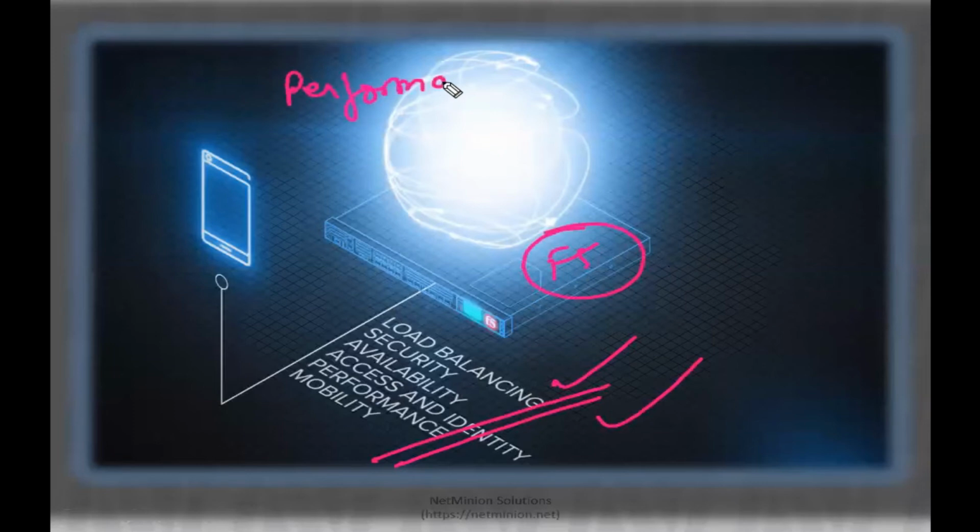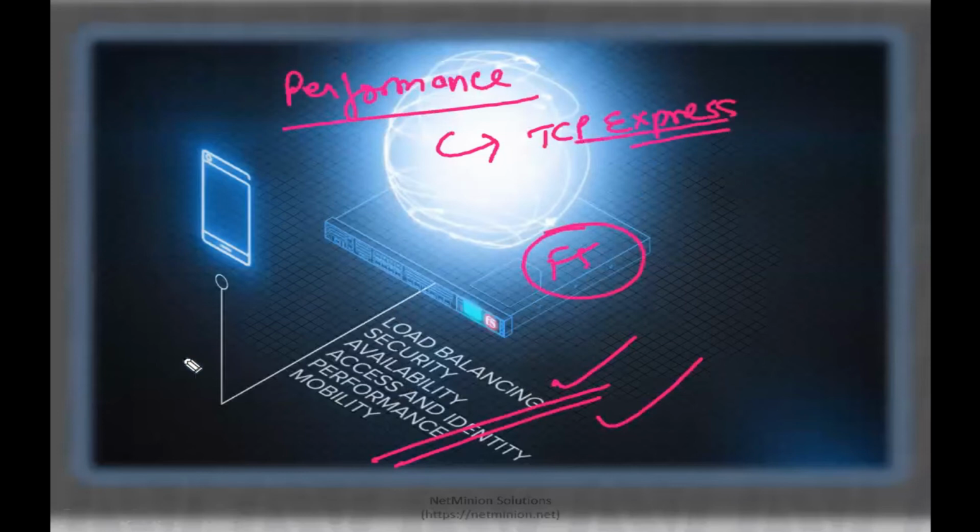As I was telling you, the F5 device is not only doing load balancing, but a lot of things they are adding in. One more point, if you see here, is named performance. If I talk about performance, I am going to talk about TCP Express for sure. TCP Express is a very unique and important feature that they used to tell in the market.